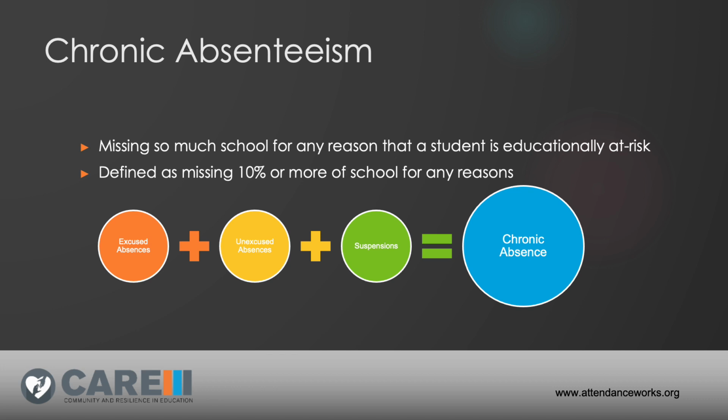All three of those are included in the count for chronic absence. And what we know is that students who are chronically absent for any reason, even if it is an excused absence, say for a family vacation, all of those absences put the student at risk educationally.